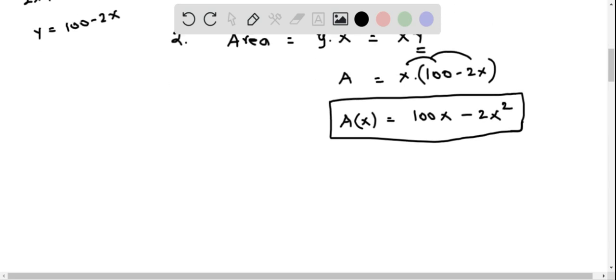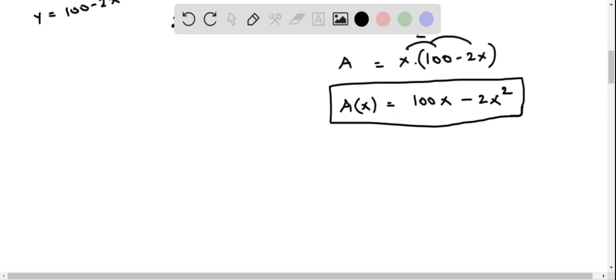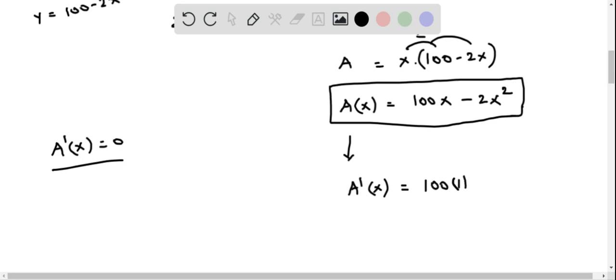Now to optimize this area, we need the first derivative. That is, we have to set up A prime of x equals 0. This A prime of x represents the first derivative of the area function. So let's find the derivative of this area function. The derivative of 100x is 100 times the derivative of x, which is 1, minus the derivative of 2x squared. We write 2, and then using the power rule of differentiation, the derivative of x squared is 2x.